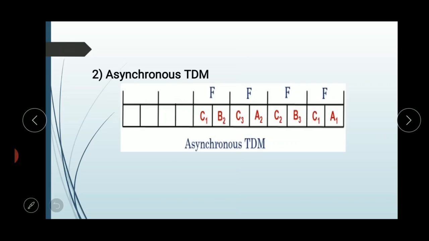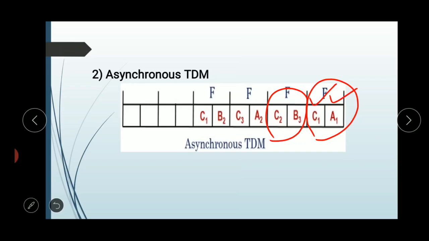Here, this one is frame 1. Frame 1 consists of two time slots. So here source A and source C send their first segment, then in frame 2 source B and source C send their segment.